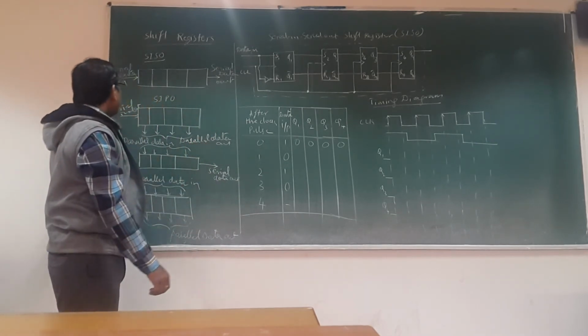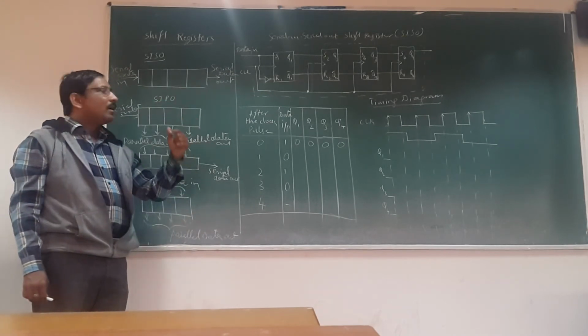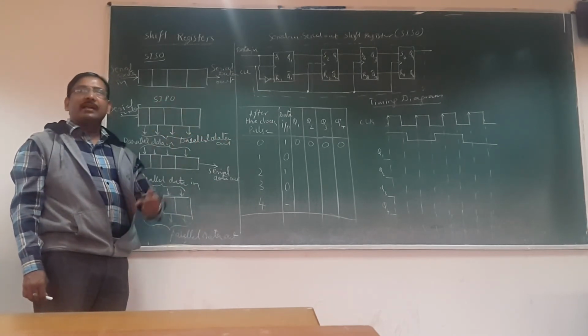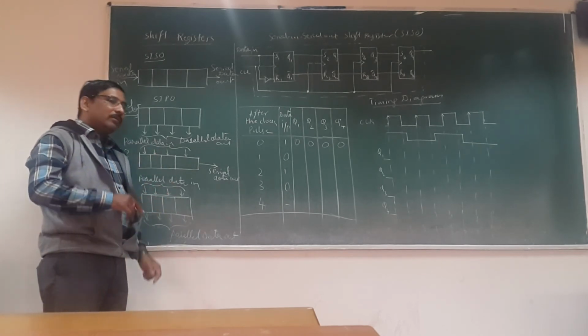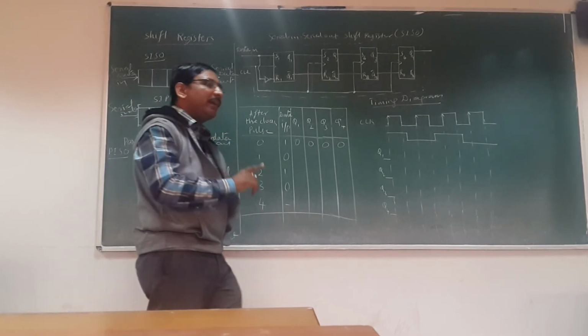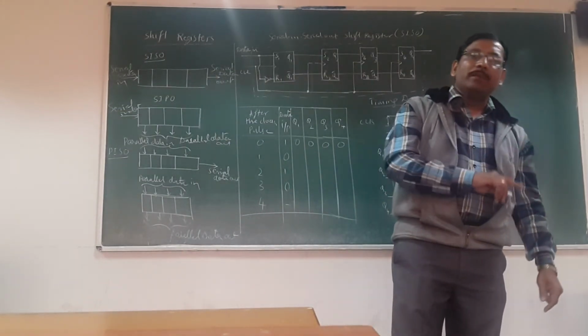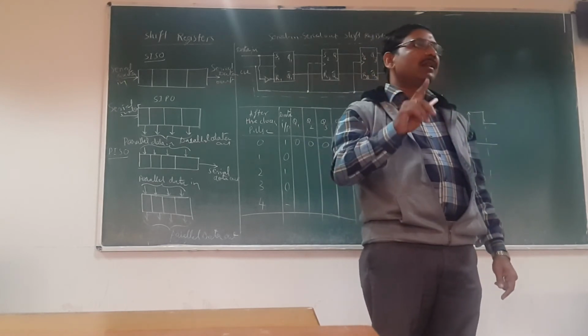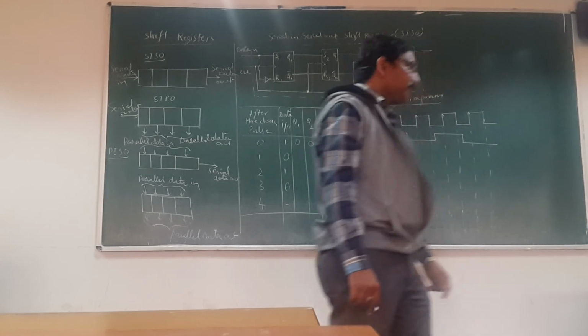Here, the shifting of the bits is controlled by the clock pulses. After one clock pulse, after the second clock pulse, third clock pulse, and so on. When one clock pulse is applied, one bit will be entered and that will be shifted to the other, and so on. This is the way the data is entered here.